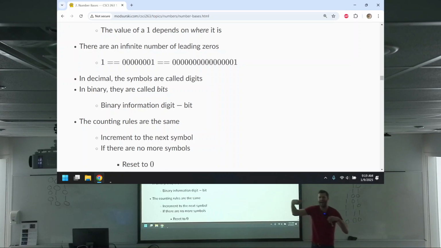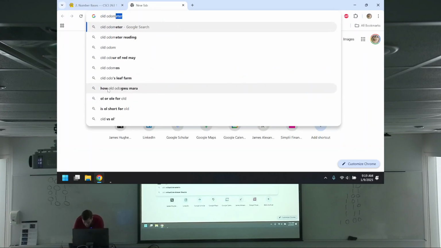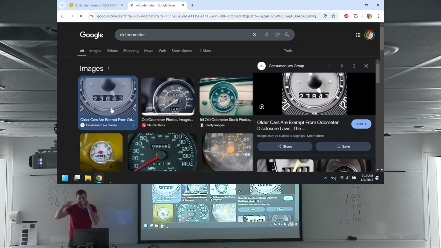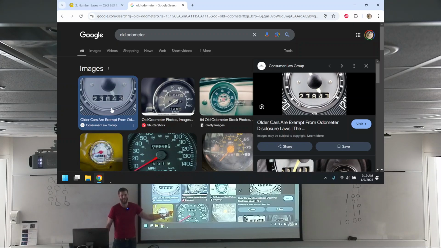But think of the dial odometer. Who's driven in a car from the 90s? Like this, these ones where they spin. There you go, like an old school odometer. Cool.